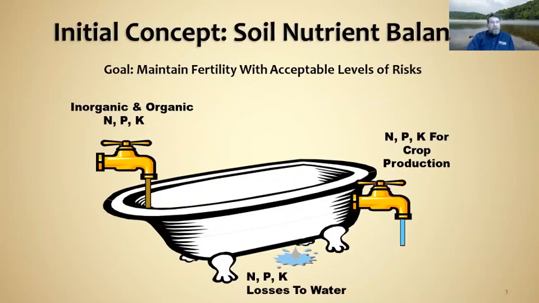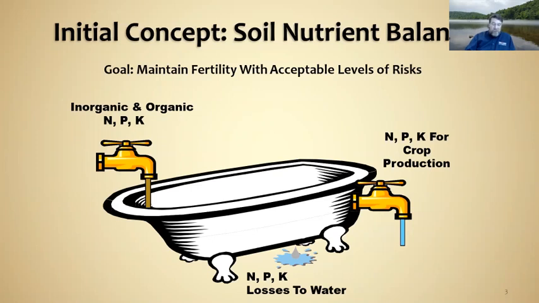Okay, the first thing I'd like to present is the idea that the soils, from a practical perspective, can be thought of as a bathtub, where you have a certain level of nutrients in the soil that are available to the plants.